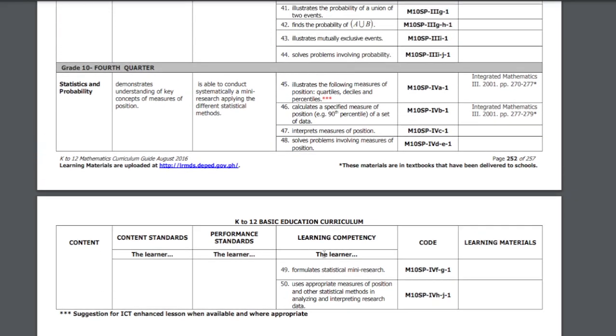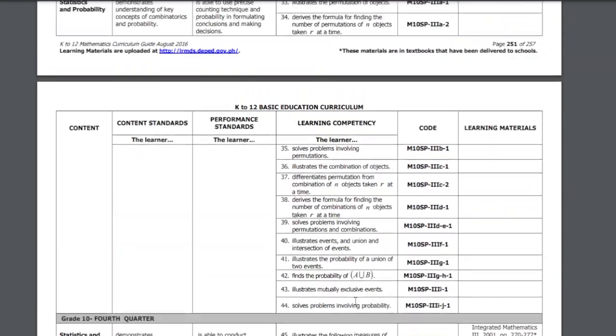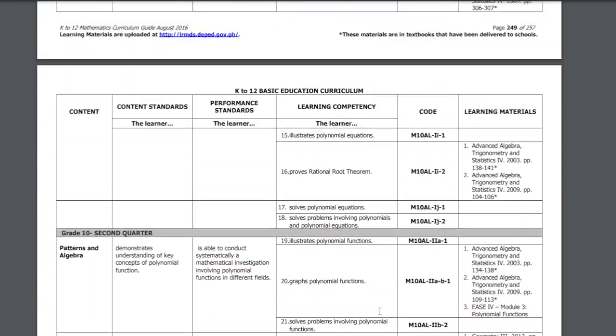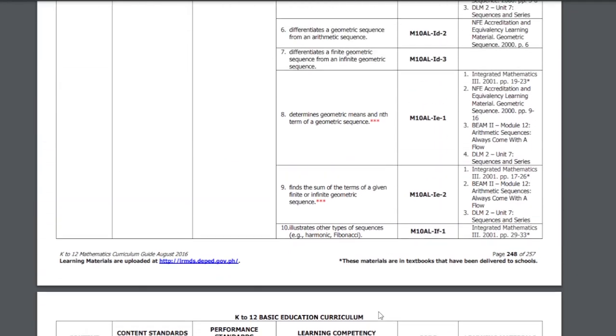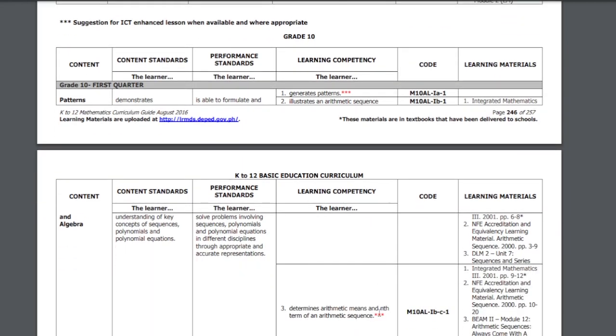In any case, this is your fourth quarter. It's quite a few, but actually this is heavy also because you have that mini research there. It's going to be a bane on a lot of students. And then your third quarter, second quarter, then back to your first quarter. In any case, thank you so much, and I'll see you then.